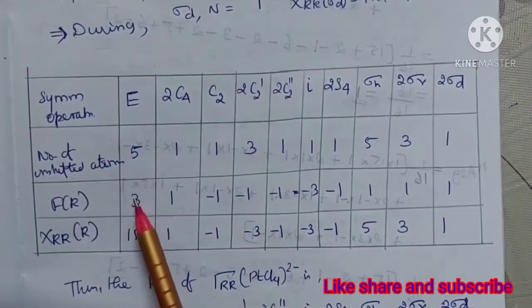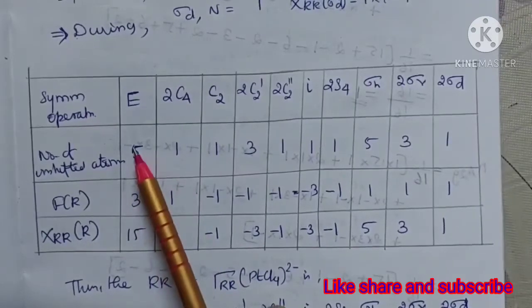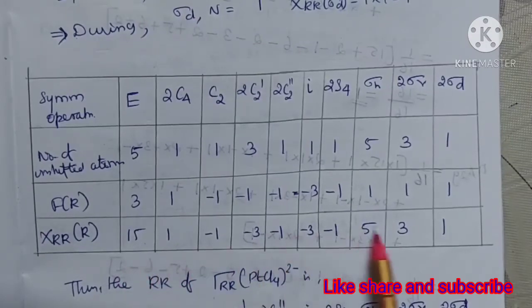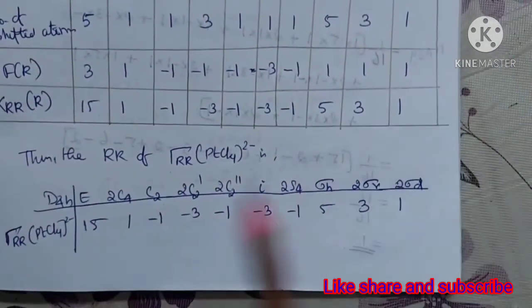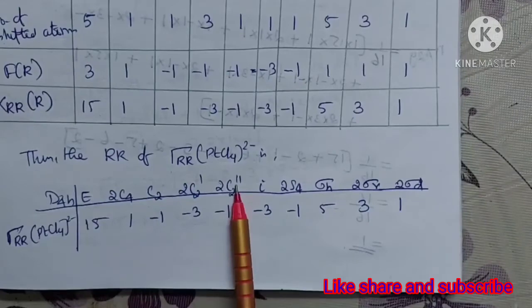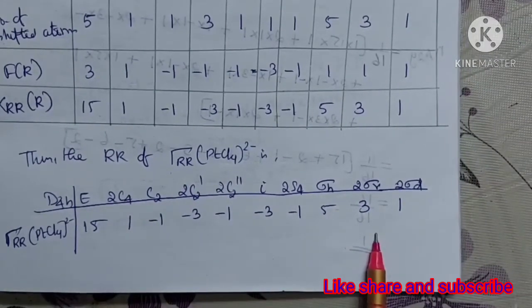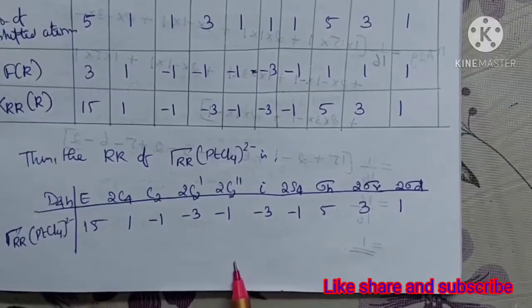Now we are going to multiply the number of unshifted atoms and the character to get the reducible representation for the D4H point group. So finally we get this value, and the reducible representation of this platinum chloride will be this. The next step is we have to find the irreducible representations from these reducible representations.